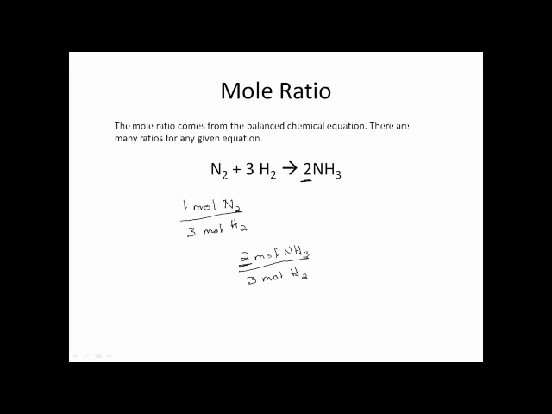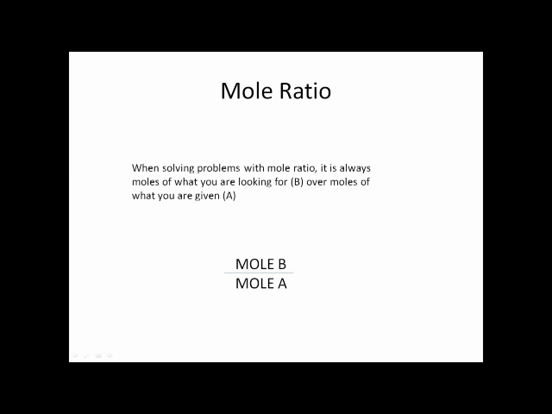In this case, for the NH3 or ammonia, that's 2. For hydrogen, we write a 3 here because there's a 3 in the chemical equation. So that again is just telling us the same thing as the entire chemical reaction, but we're just identifying or comparing two of the species in the chemical reaction. So let's look at how that's going to help us.